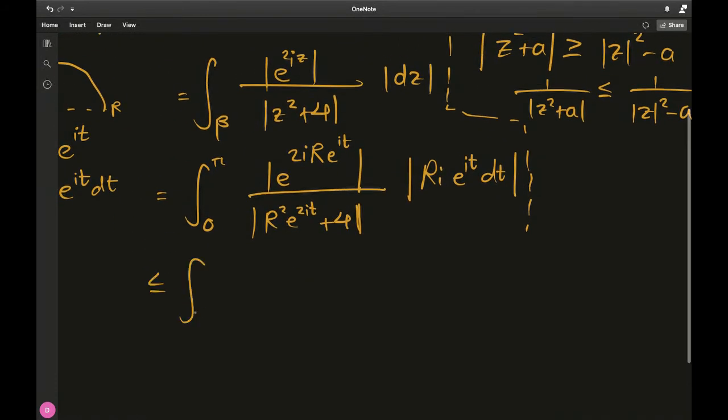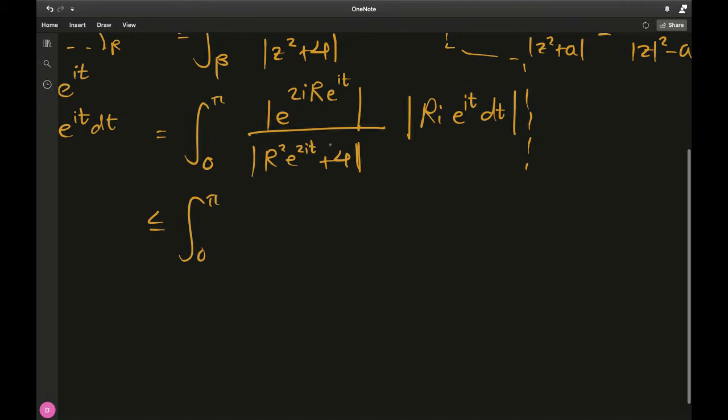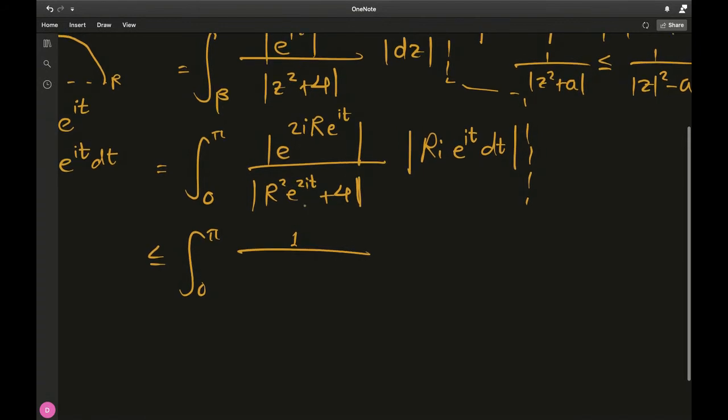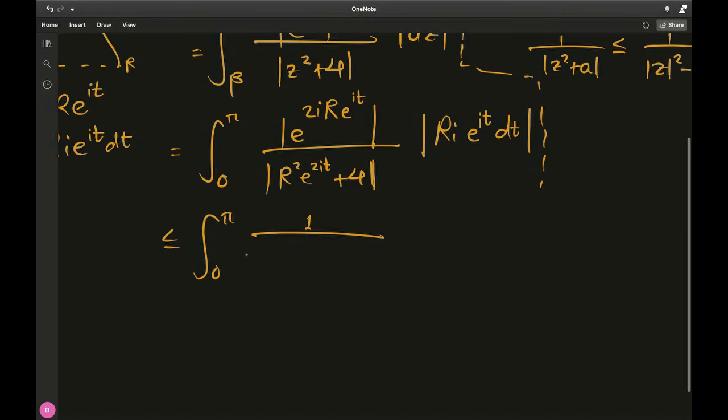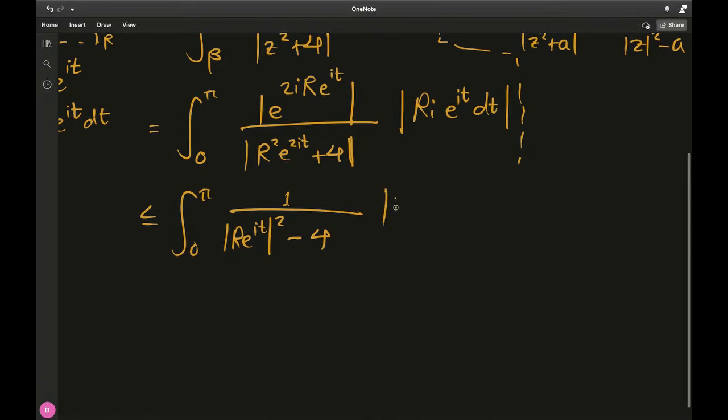So this is less than or equal to the integral from 0 to pi of, well, e to the anything, treat the 2r e to the it as a separate angle. The mod of e to the i times some angle will always be 1, divided by, now we can write our denominator in terms of this inequality, mod of r times e to the it the whole thing squared minus 4, and then we have mod of r i e to the it dt.